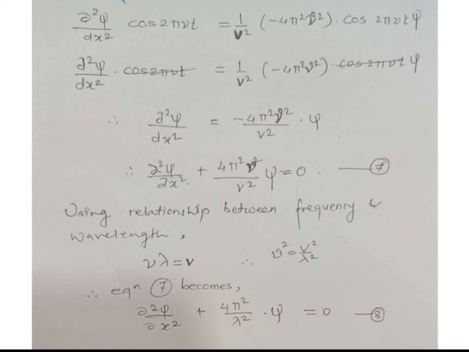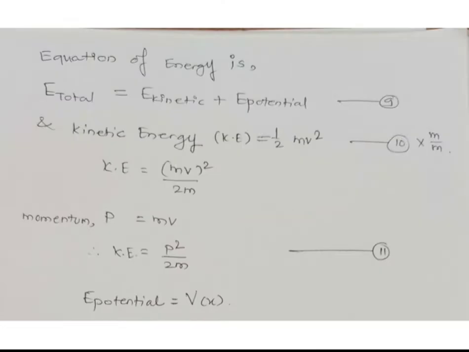So our equation 7 can be written as ∂²ψ/∂x² + (4π²/λ²)ψ = 0. So this is our equation number 8.